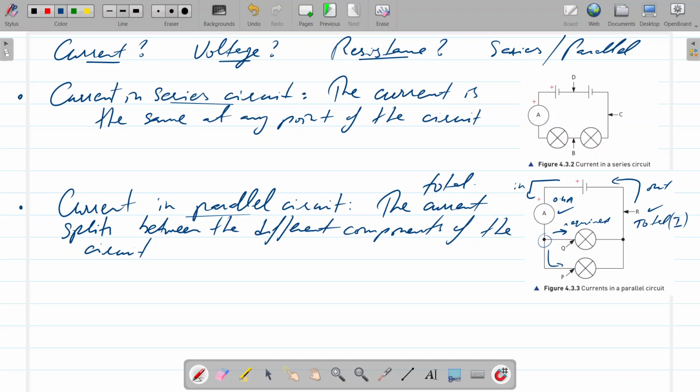And there are two identical lamps, meaning they're going to use the same current. And so there are two of them, each one of them will be using 0.2 amperes. So the ammeter connected at Q will give a reading of 0.2. The ammeter connected at P will give a reading of 0.2. And so 0.2 amperes comes out from each, and then over here again it's 0.4. Does that make sense?